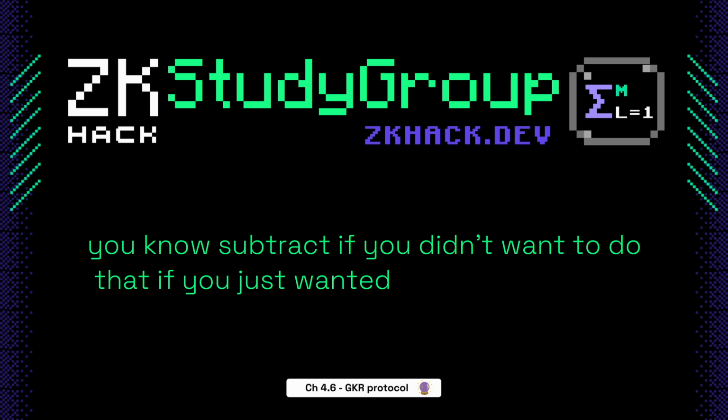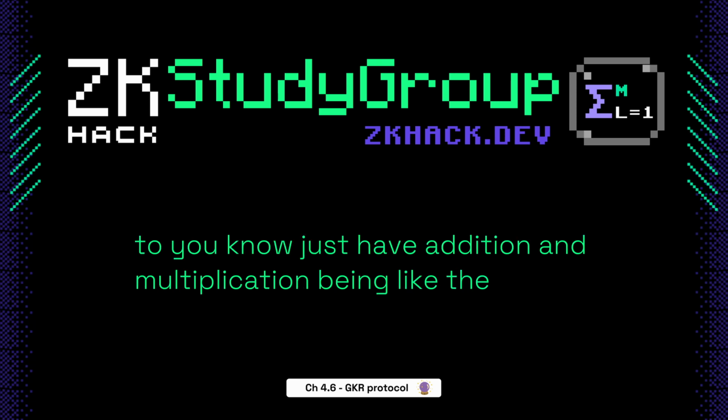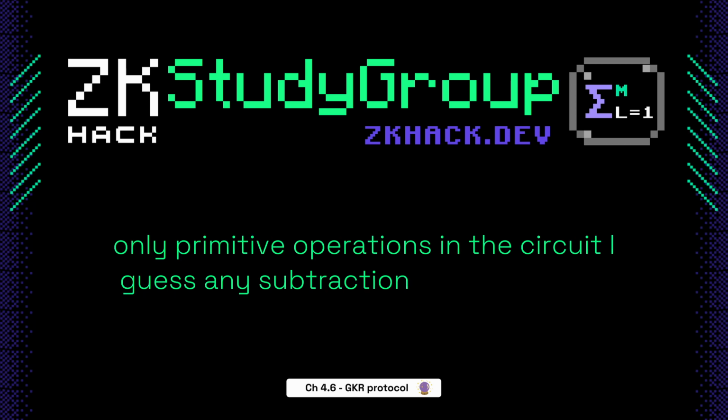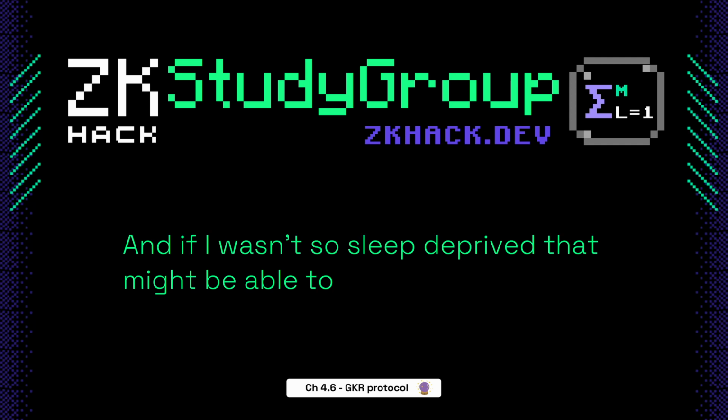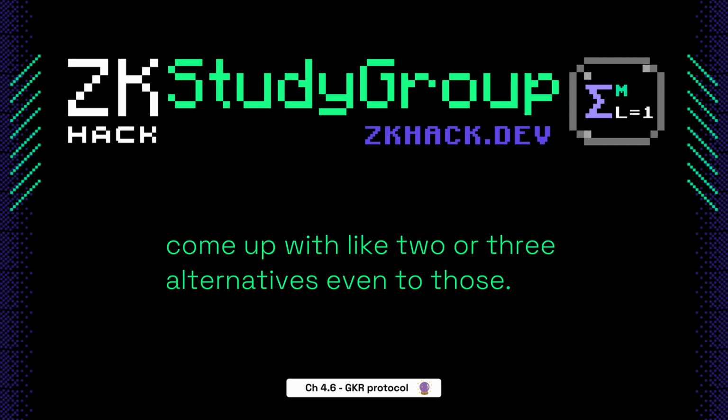subtract. If you just wanted addition and multiplication to be the only primitive operations in the circuit, I guess any subtraction would have to be multiplied by -1 and then added. And if I wasn't so sleep deprived, I might be able to come up with two or three alternatives even to those.